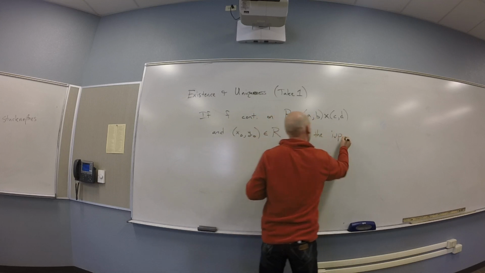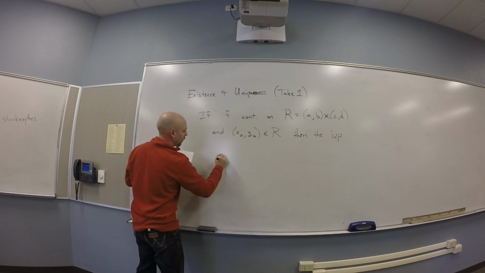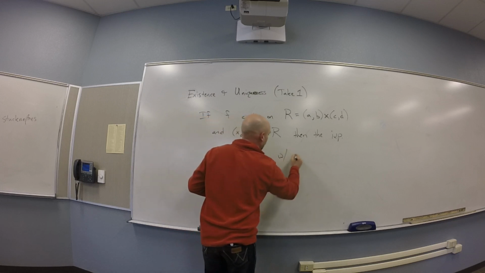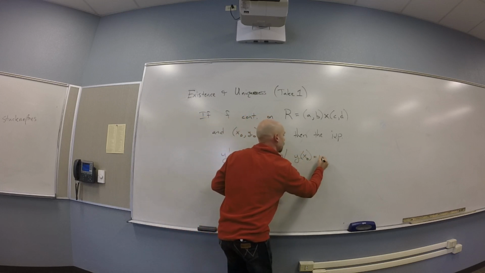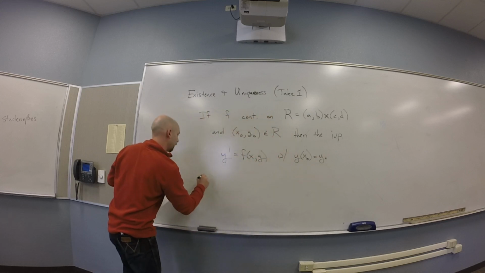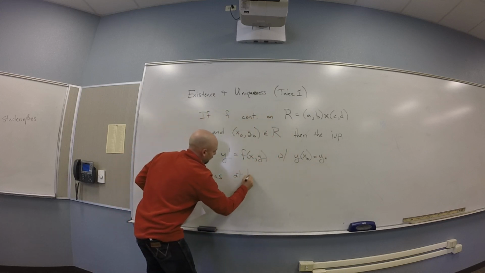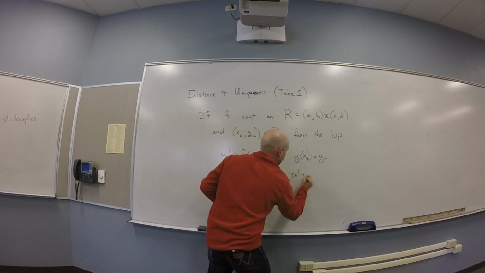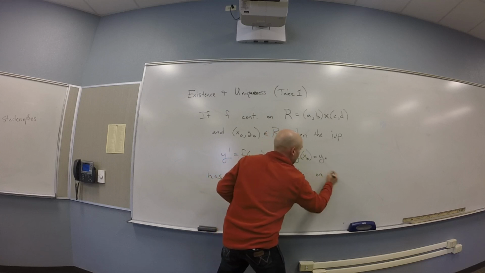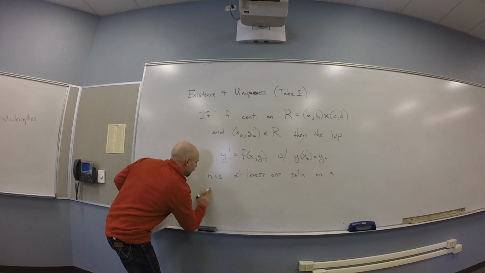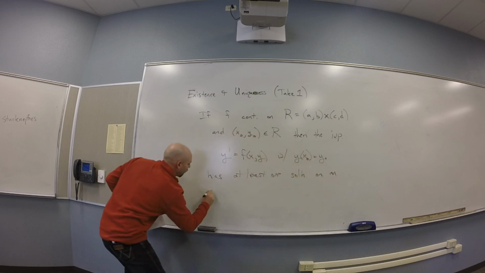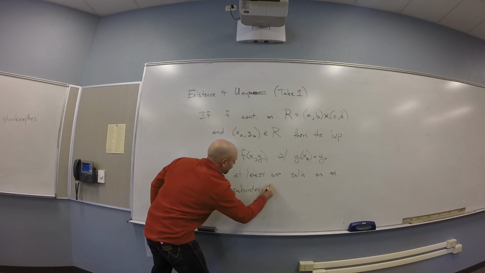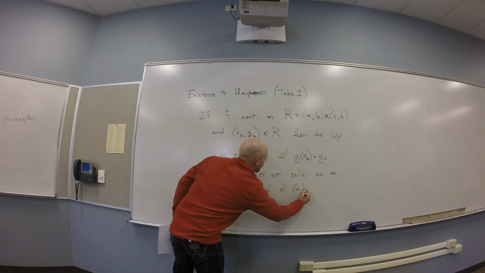Then the IVP, y prime is f of x and y, with y at x naught is y naught, has at least one solution on an open subinterval of AB.